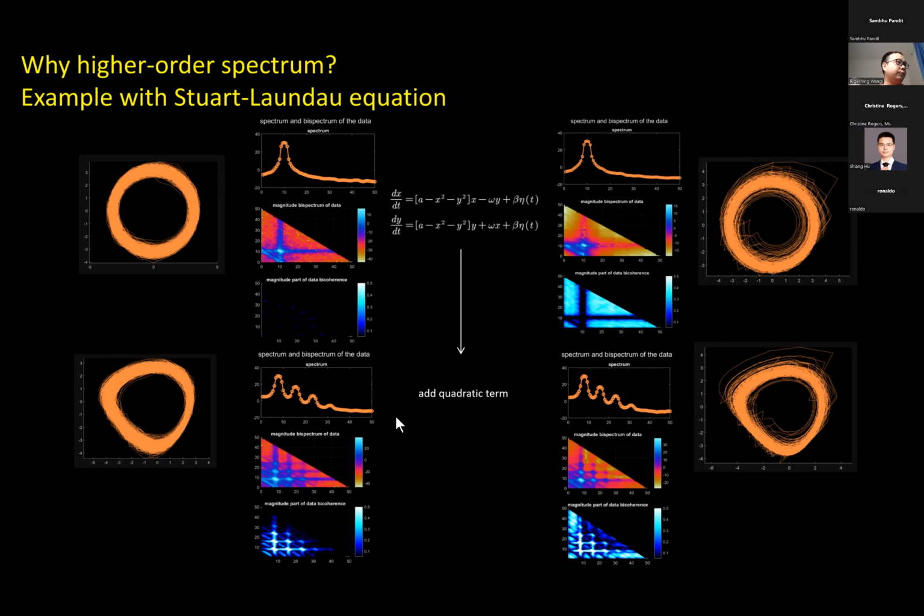And when we add the quadratic term to this Stuart-Landau model, we can find the symmetric round circle changes to a triangular-like circle, and the harmonic appears, and you can see the bicoherence can represent the relationship of this harmonic.